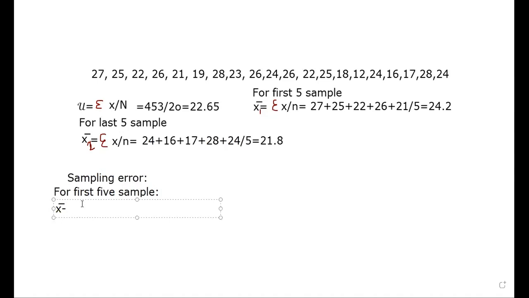So x bar 1, we have 24.2 minus the population mean 22.65. So 24.2 minus 22.65 equals 1.55.